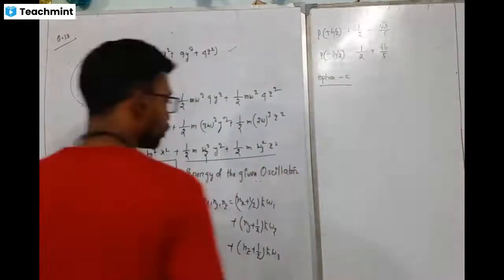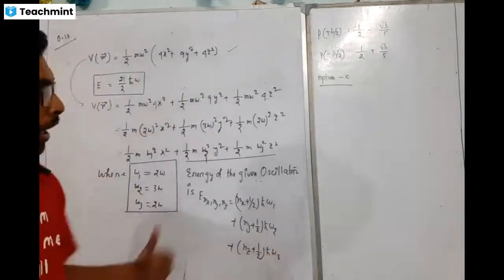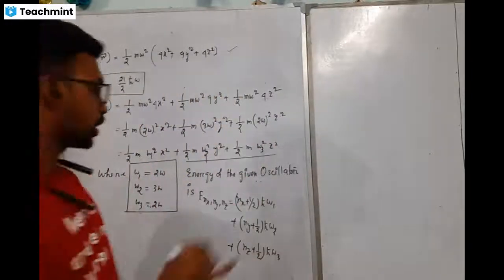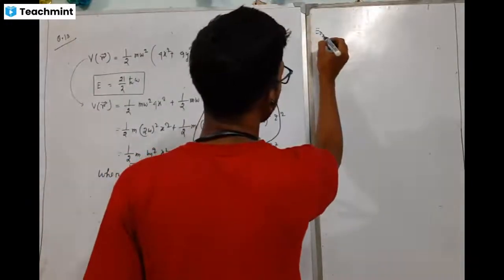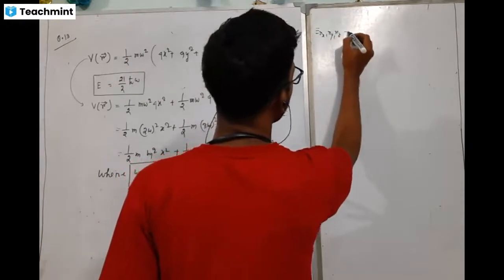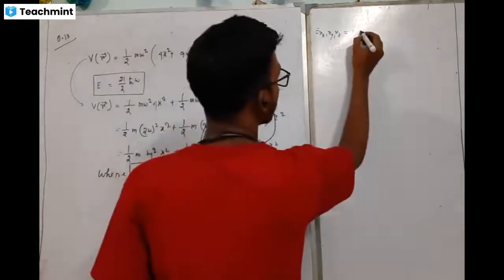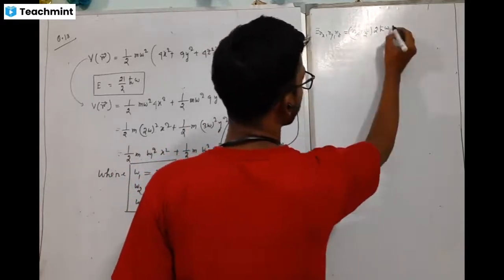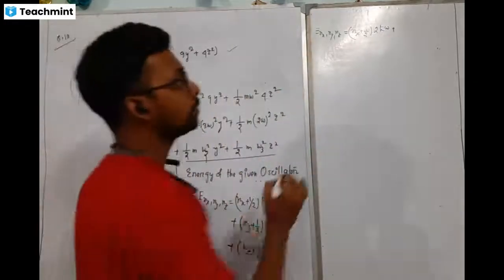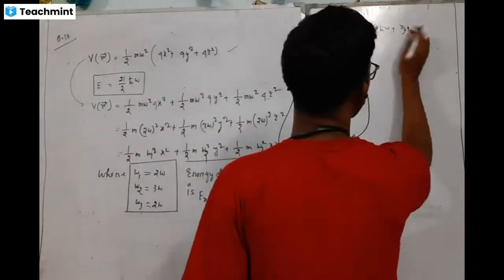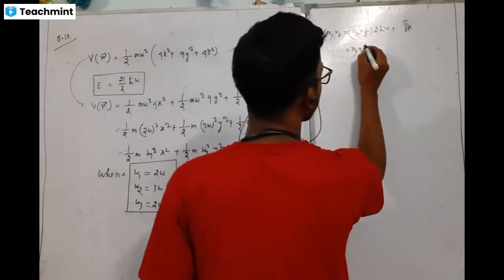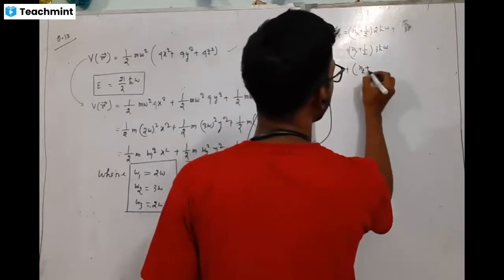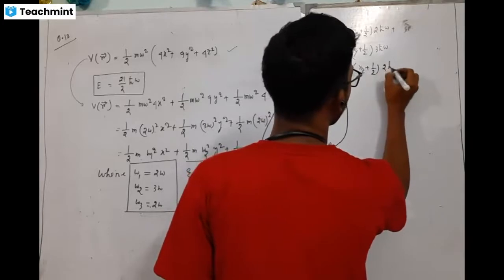Okay. So now introduce the values of omega 1, omega 2 and omega 3. The given energy expression E Nx Ny Nz is nothing but Nx plus half 2 h cut omega, plus Ny plus half 3 h cut omega, plus Nz plus half 2 h cut omega.